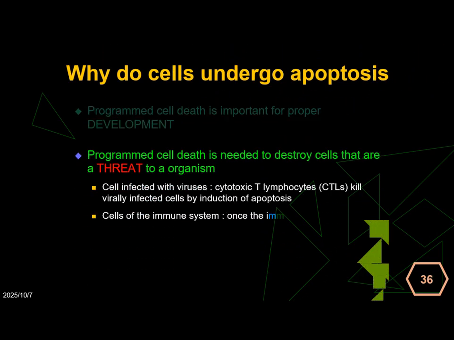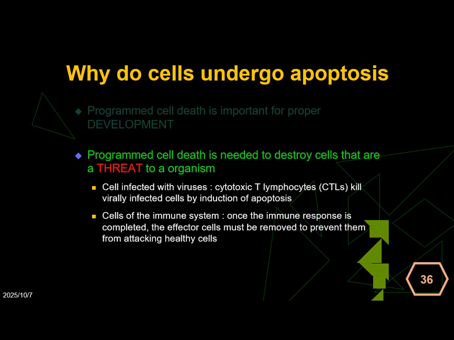The last one, after this I'll call for the class. For a threat, when a cell is infected with virus, your cytotoxic T lymphocyte will kill the infected cell by inducing apoptosis.